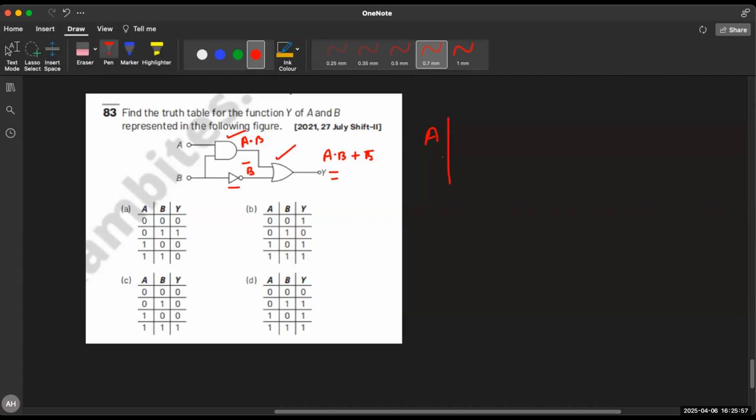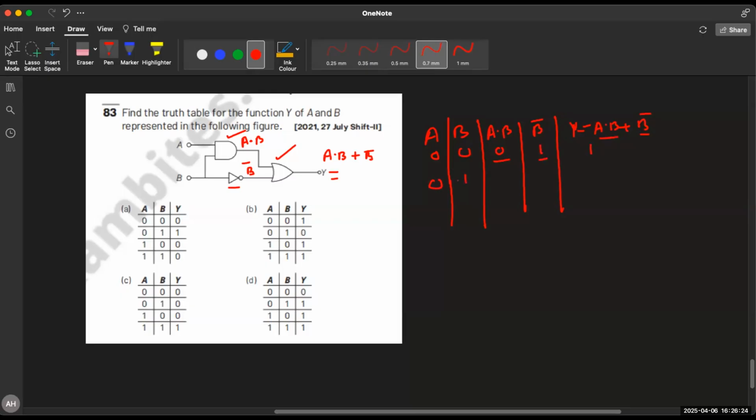If you want to write the truth table, first write A, then write B, then write A dot B, then write B bar, then write Y, which is A dot B or B bar. So A and B 0, 0: A dot B is 0, B bar is 1, Y is 0 or 1, which is 1.